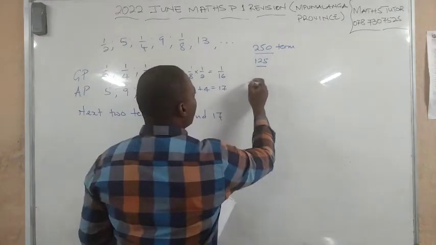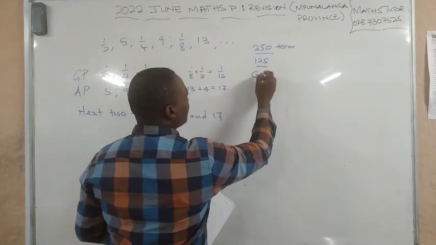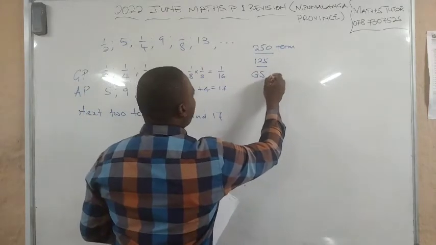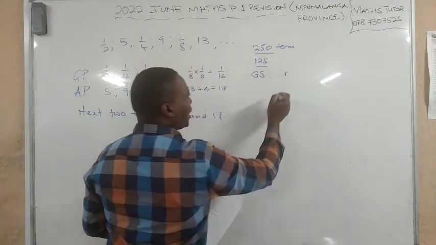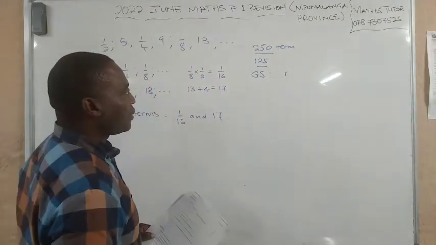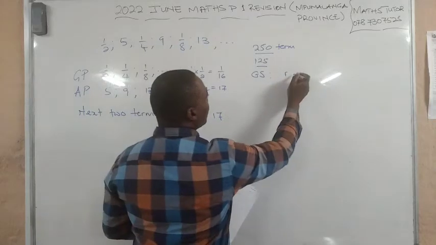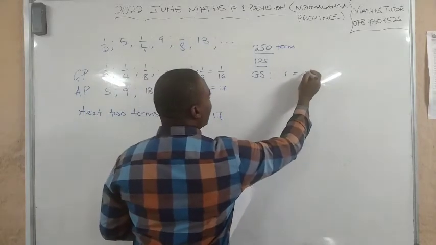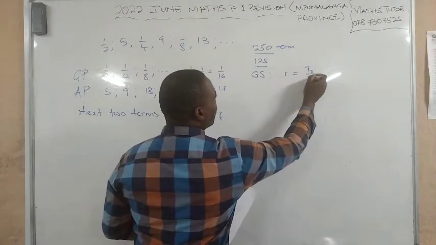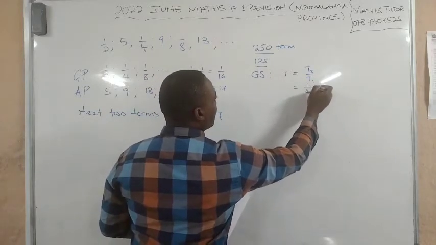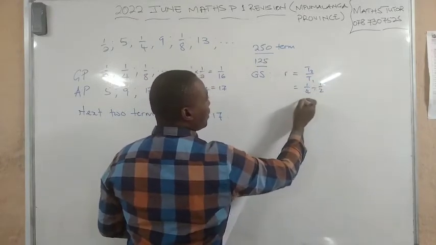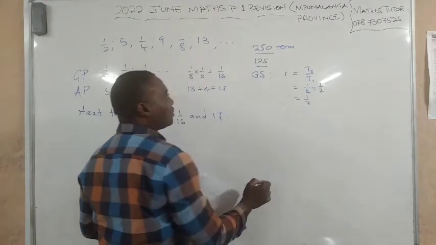So 125 are coming from the geometric series and 125 are coming from the arithmetic series. For the geometric series, we want to get the components that we will substitute into the formula. We need r, that is T2 divided by T1, which is 1 over 4 divided by 1 over 2, giving us 1 over 2.